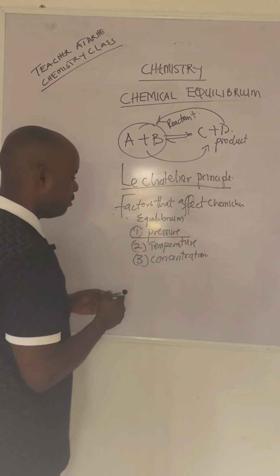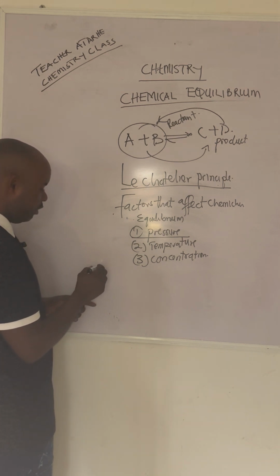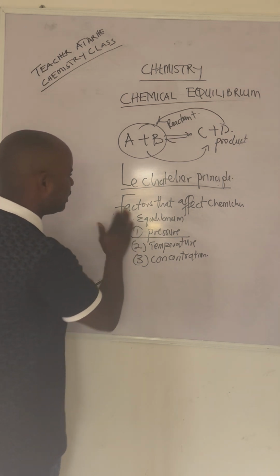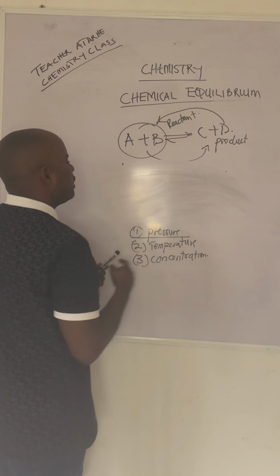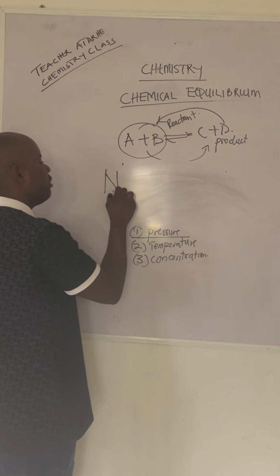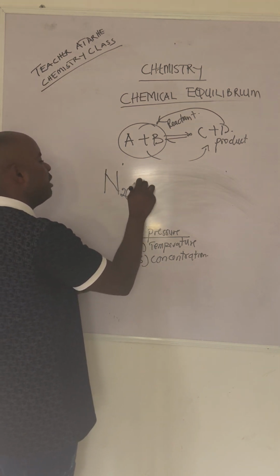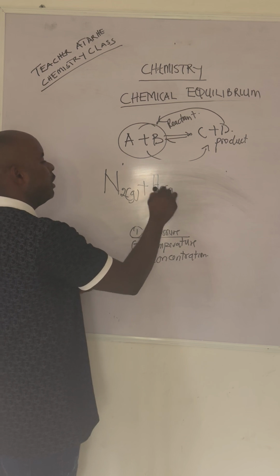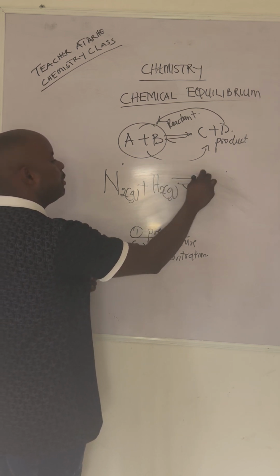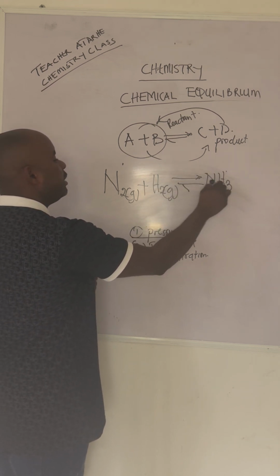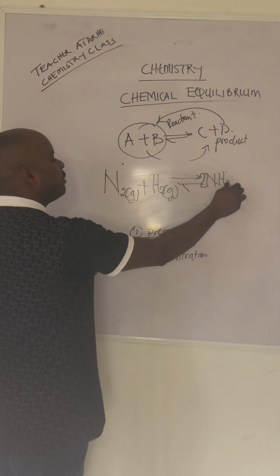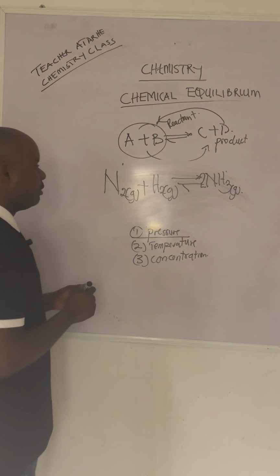The reacting particle must be in a gaseous form. For instance, let's use the Haber process as a very good example to illustrate this effect of pressure on chemical equilibrium.